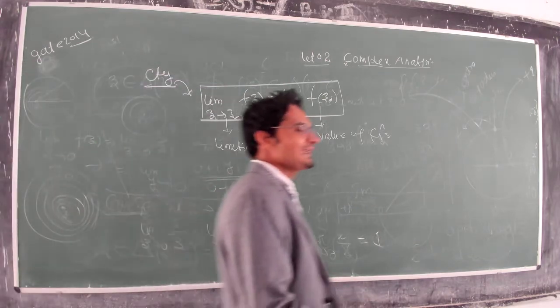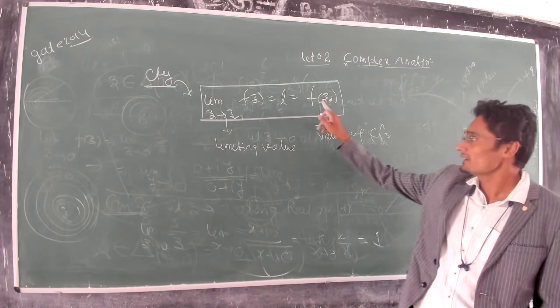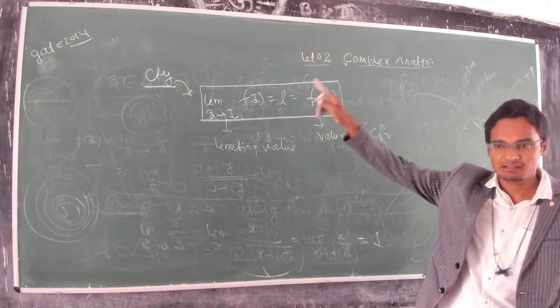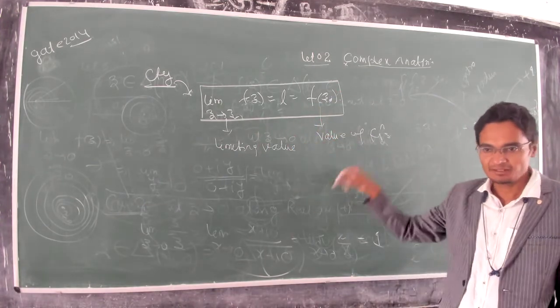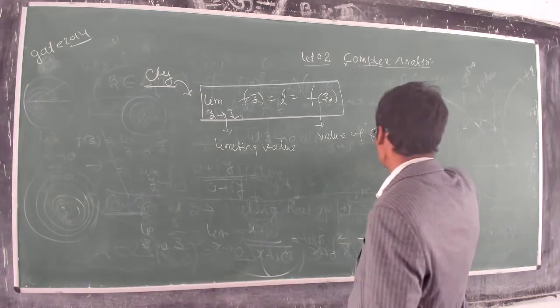So instead of taking L, you replace L by f of z naught in the definition, and you will get the continuity definition. Is it fine to everyone? Correct? Okay, alright.